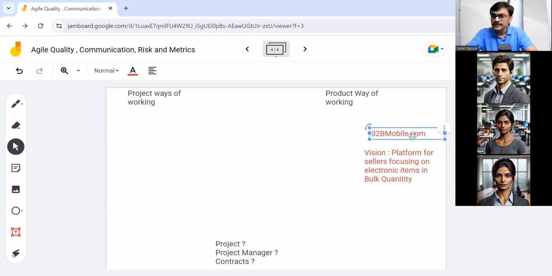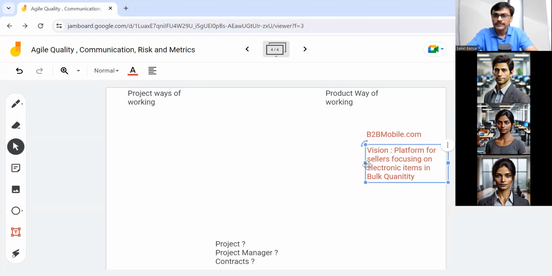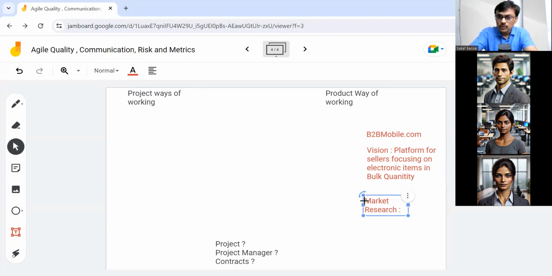So assuming they made this particular vision, the company decided about it. Now we need to understand why they are doing it. They may have a market research behind it. They may have a group of people who are doing this business, maybe right now without a website.